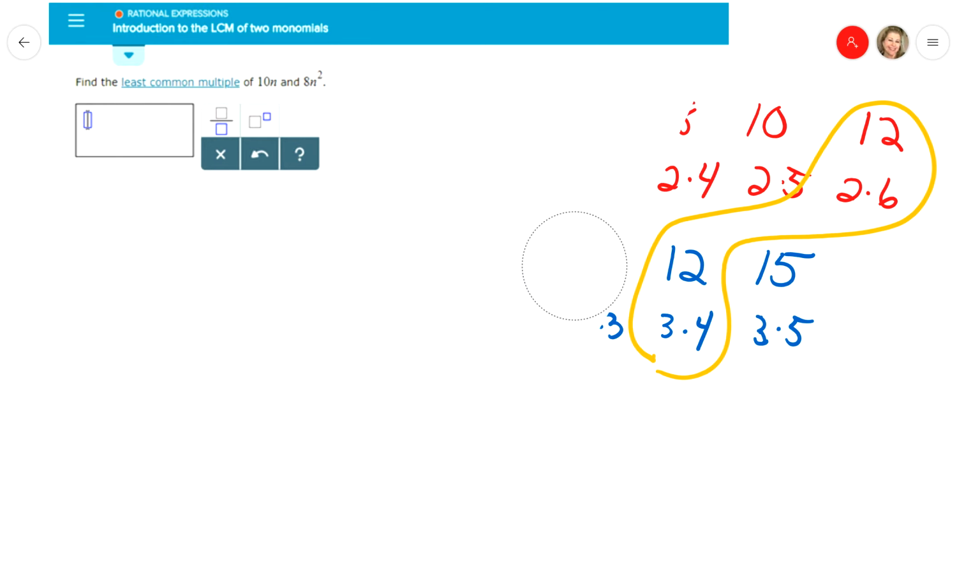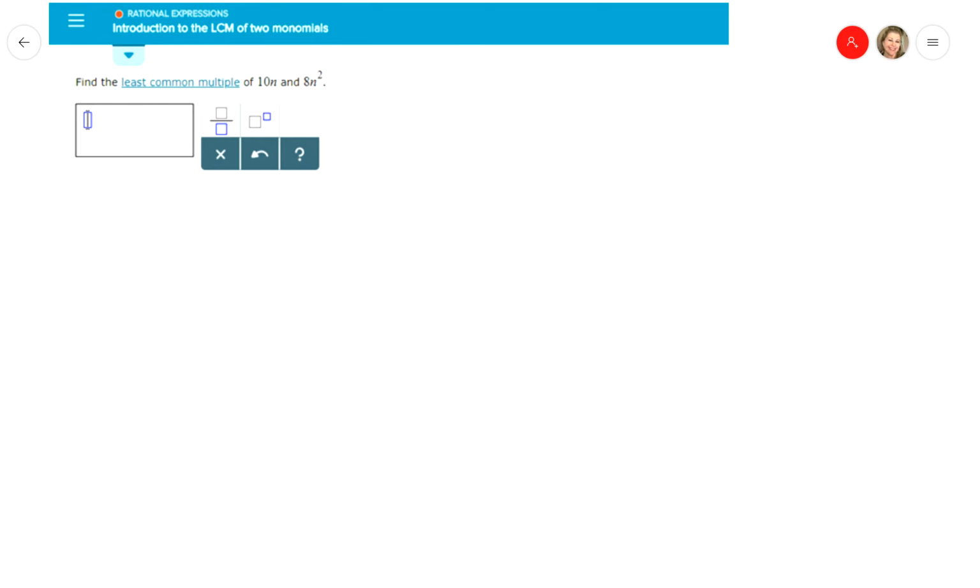So let me erase all this and bring in our two factors here, or I'm saying our two monomials. We've got a 10n and we've got an 8n squared. So what I do is I start with the 10 and the 8, and I'm like, okay, multiples of 10 are 10, 20, 30, 40.